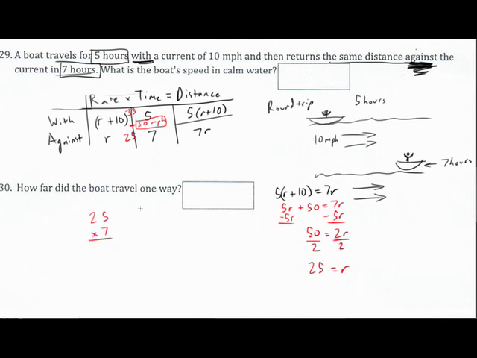And I got this from 7R, which is equal to 7 times 25 after I substituted in. So this would be 35, that's 14, 17, would be 175. And I looked for my unit, and it's talking about miles. So 175 miles is how far the boat traveled.